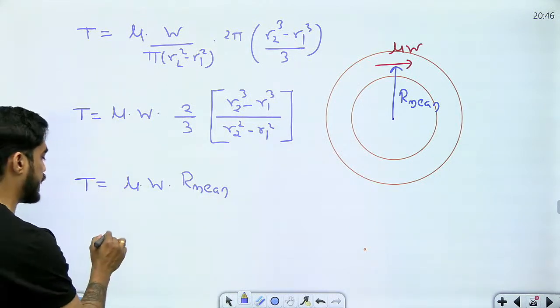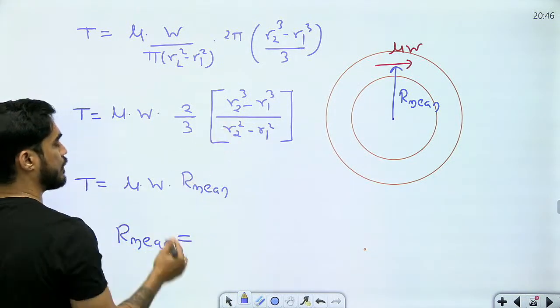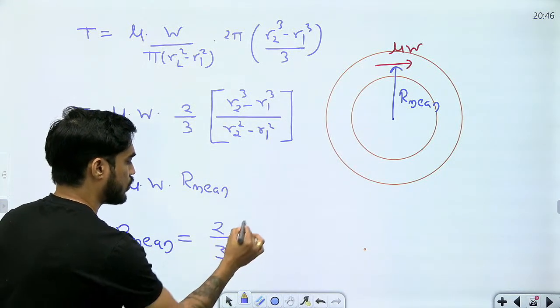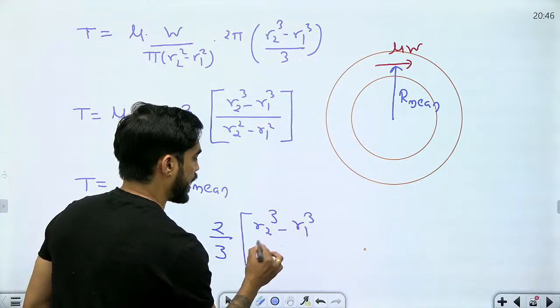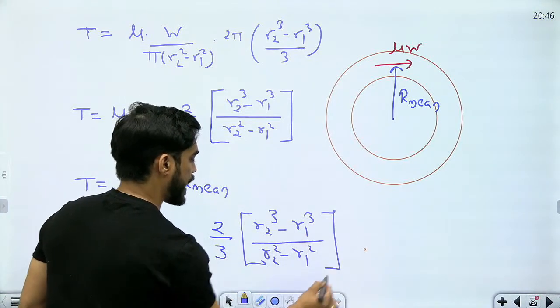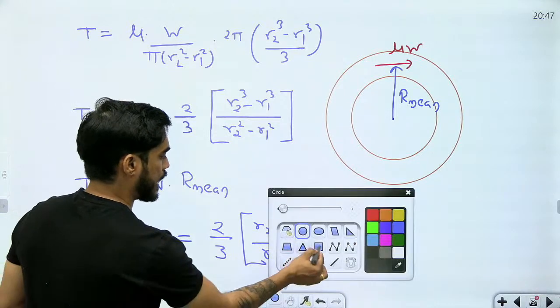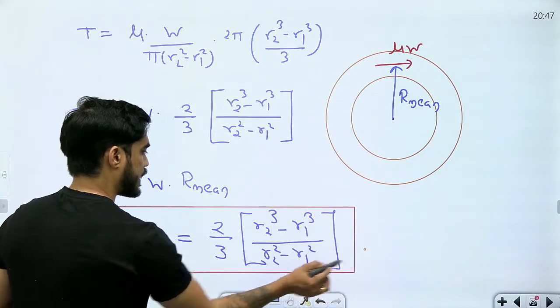So what R mean are you getting here? R mean is 2 by 3 into R2 cube minus R1 cube upon R2 square minus R1 square.